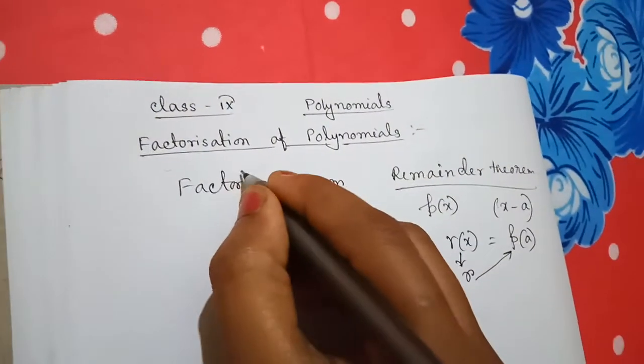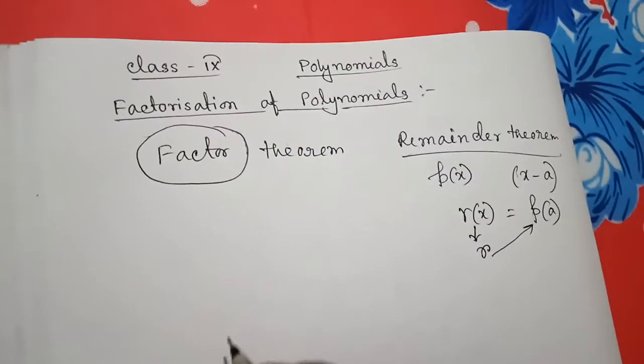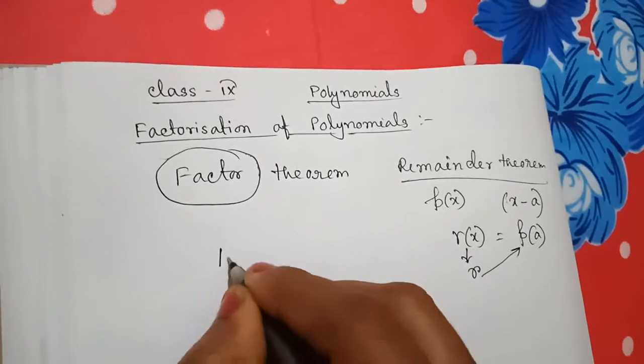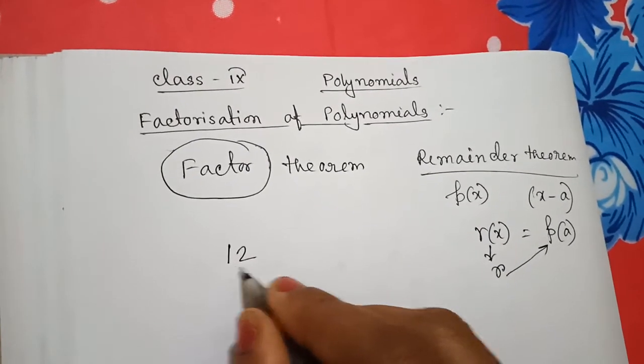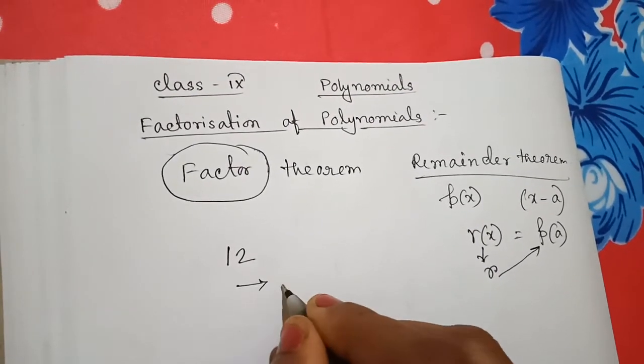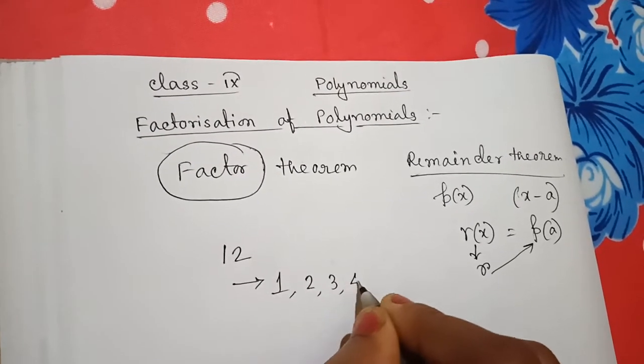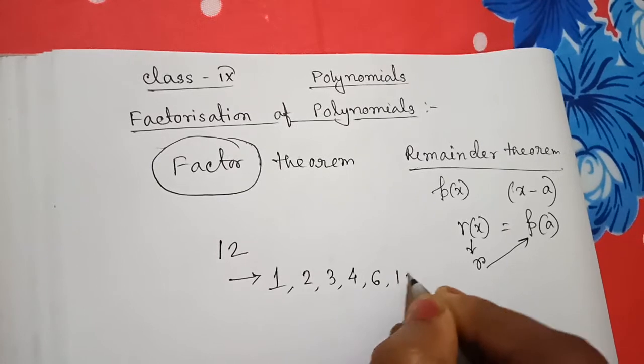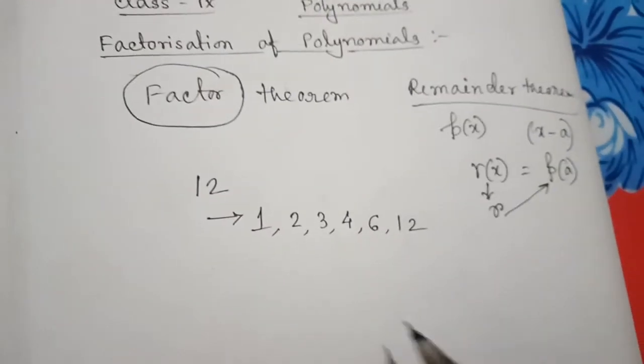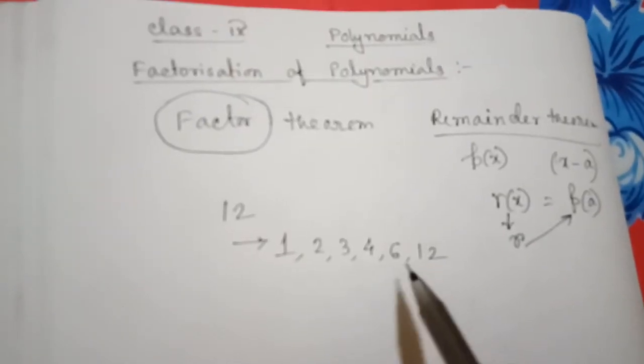Now we all know the term factor. Think about, suppose, the number 12. What will be its factors? Its factors are 1, 2, 3, 4, 6 and 12, right? Now why are these called its factors?